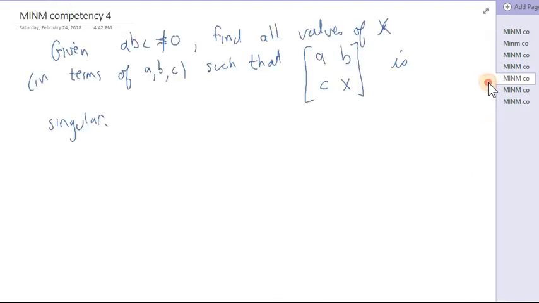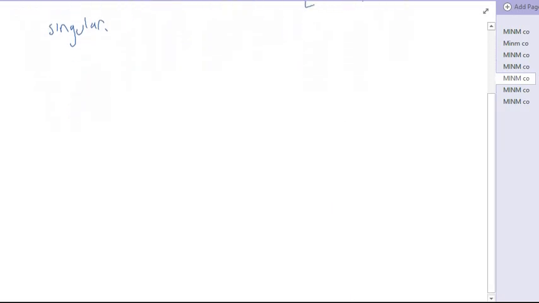All right, so the problem is find x such that ABCX is singular.